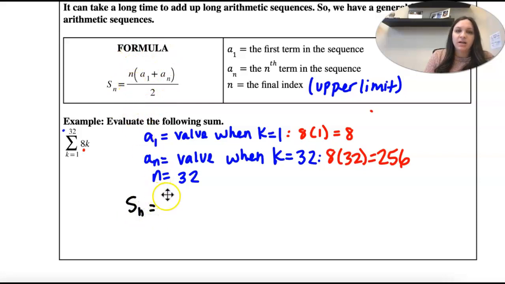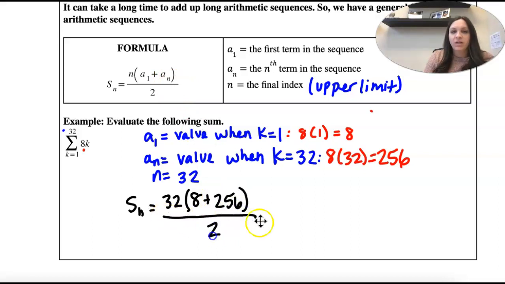So S sub n, n is 32, a1 is 8, the nth term is 256, all divided by 2.